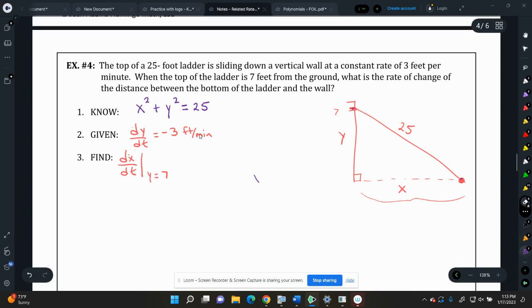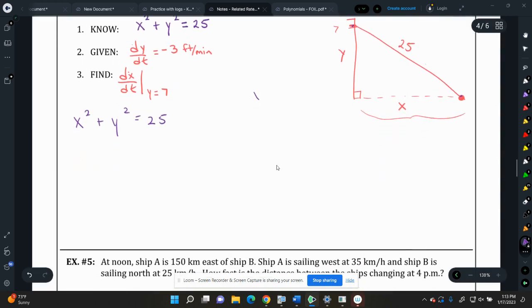So I have x squared plus y squared equals 25. There's my formula. Let's see what information we need. Taking the derivative, 2x dx/dt plus 2y dy/dt equals the derivative of 25, which is 0.